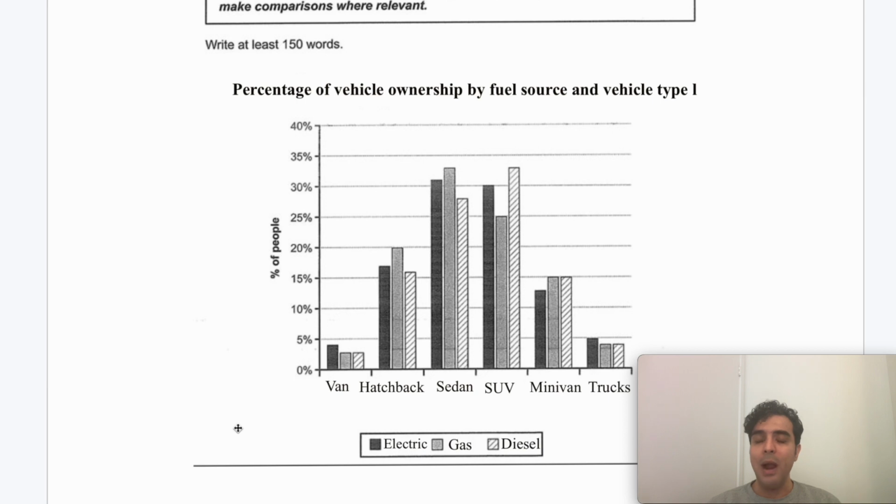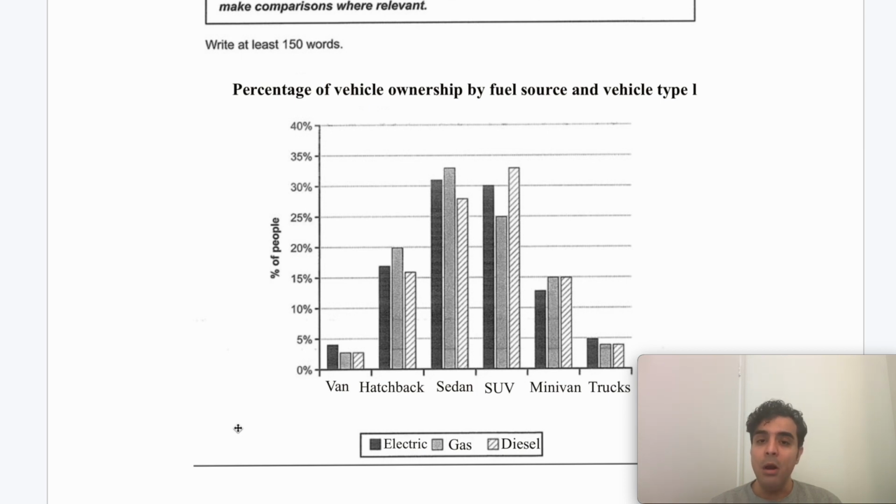In the line graph, the quantitative data we saw was focused on changes, increases, decreases, stability, that kind of information. Whereas here, in this chart, we don't see whether the number of people driving vans has increased or decreased. Time isn't a variable. So we're not talking really about increases, decreases, and fluctuations.